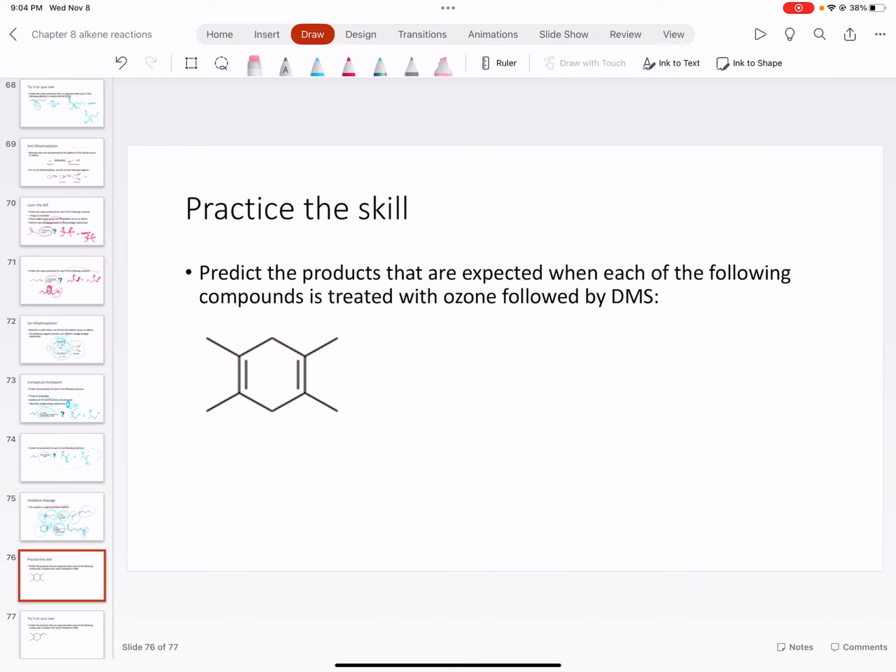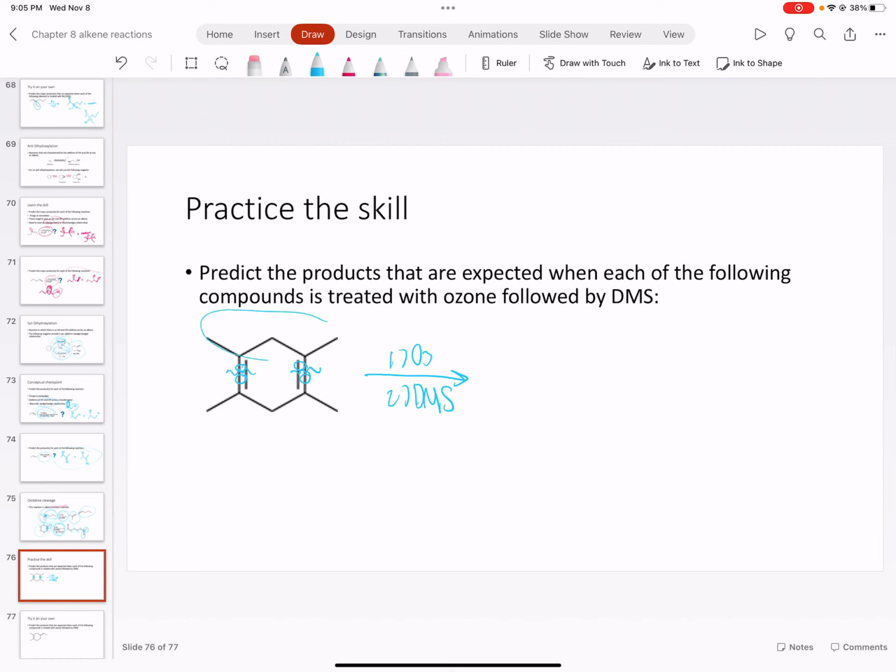So then practice the skill. Predict the products that are expected when each of the following compounds is treated with ozone followed by DMS. So when we're treating this one, we're just gonna be breaking those double bonds and then we're gonna be creating double bond oxygen, double bond oxygen, double bond oxygen, double bond oxygen.